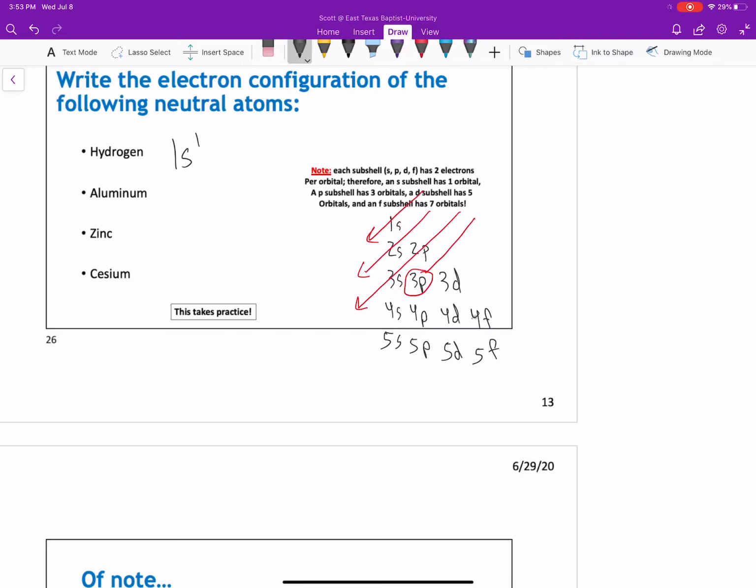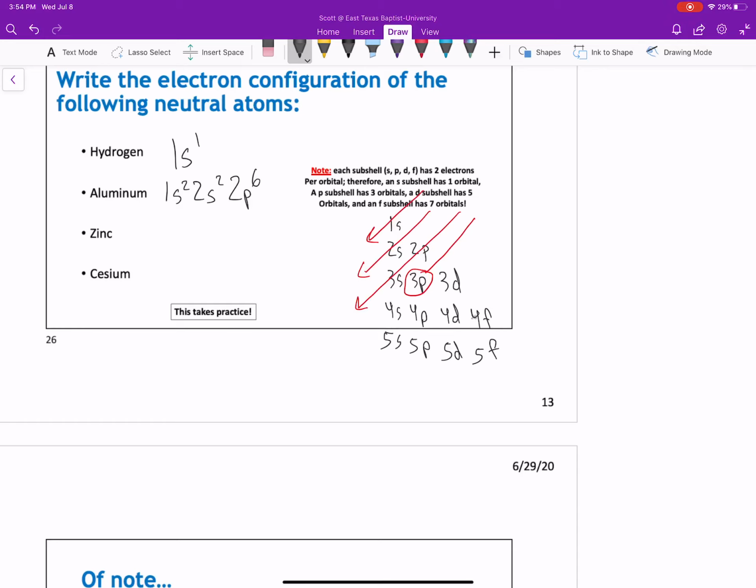So if you just follow what I did, it was 1s2, because we filled that subshell, more than 2 electrons in aluminum, right? And then we said, if you follow that diagram, it tells you exactly what comes next. It was the 2s. Well, that one's filled, so then we continue on to the 2p, and p's can give you 6, but we still haven't met that 13 number, right?